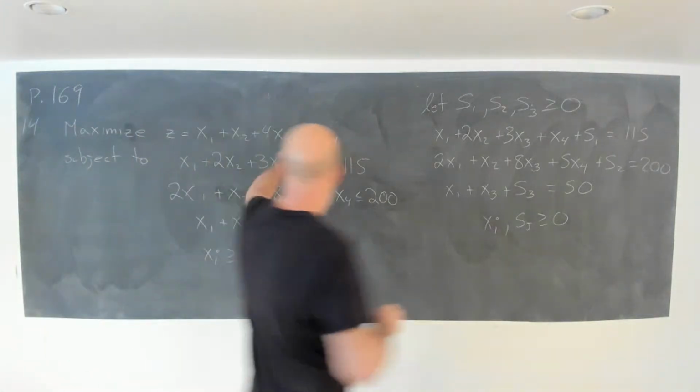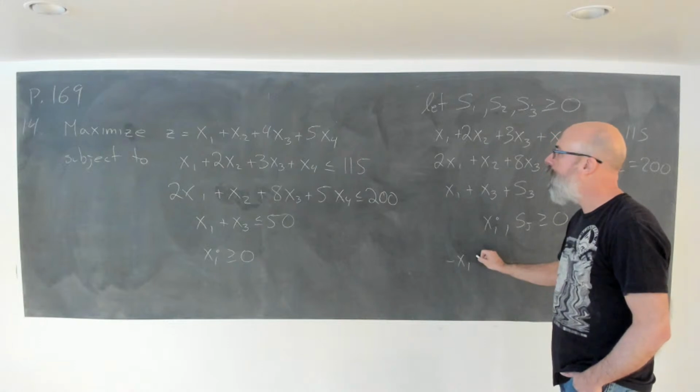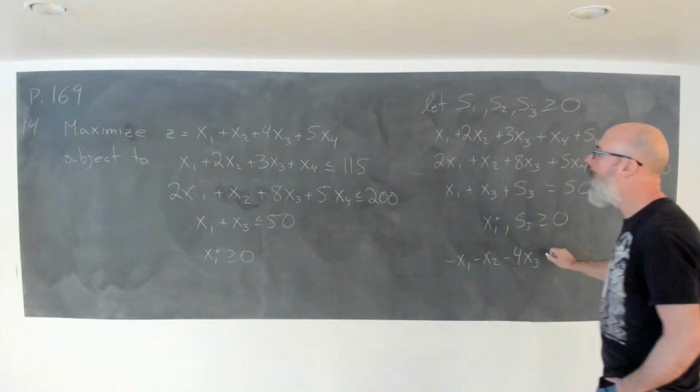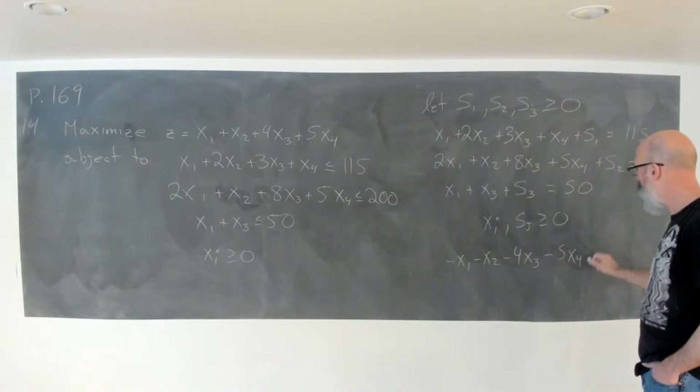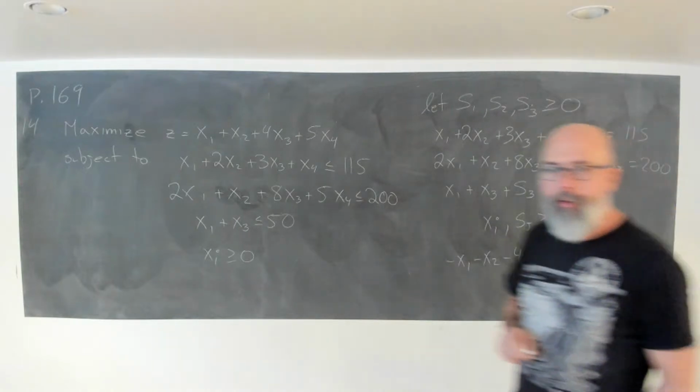And we're trying to maximize this: minus x1, minus x2, minus 4x3, minus 5x4, plus z is equal to 0.